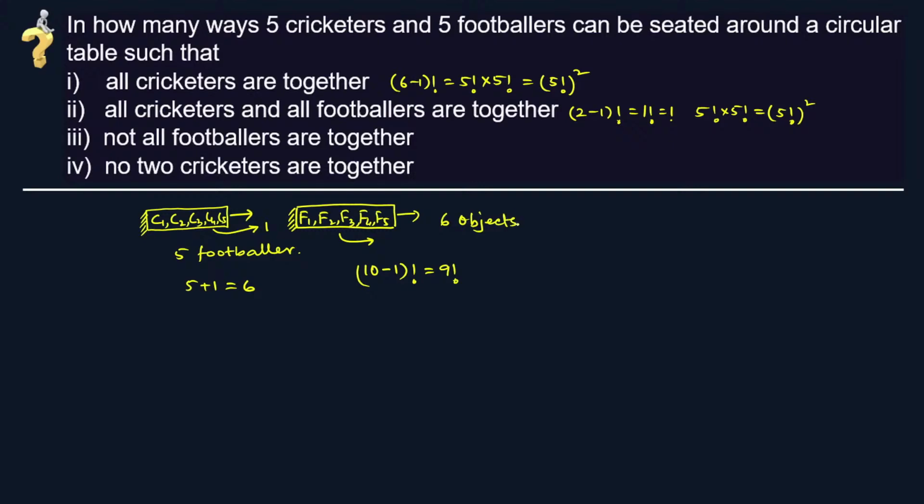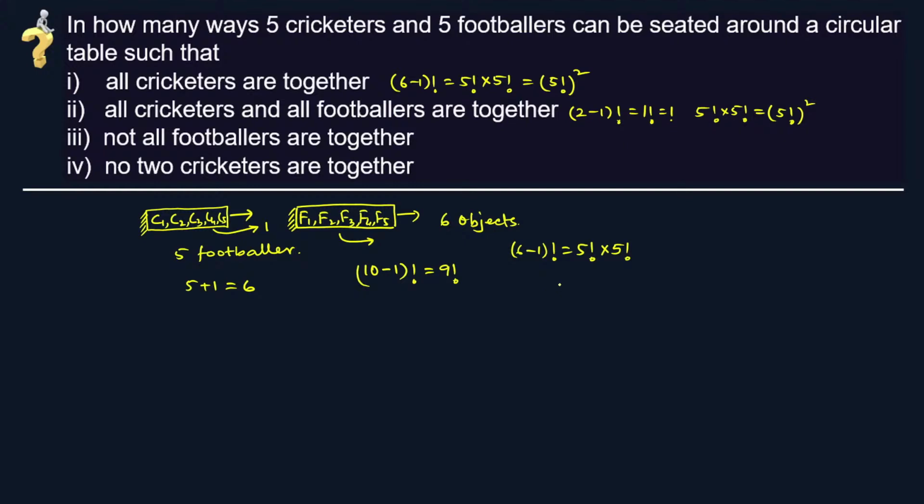Now these 6 objects can be arranged around the circular table in 6 minus 1 factorial, that is 5 factorial ways. In every arrangement, these 5 footballers can arrange among themselves in factorial 5 different ways.